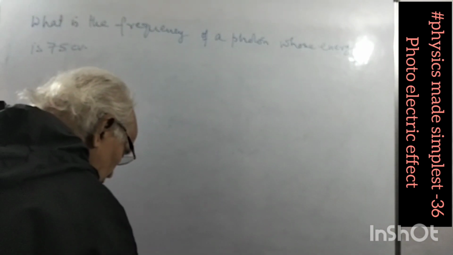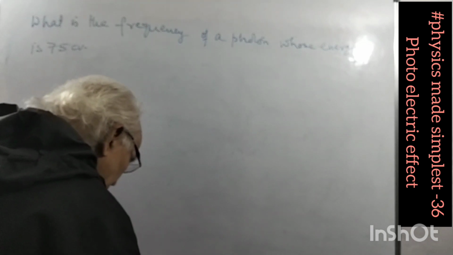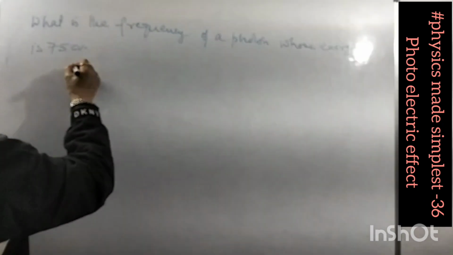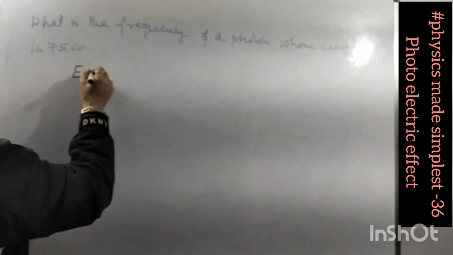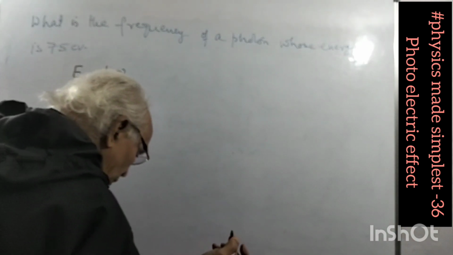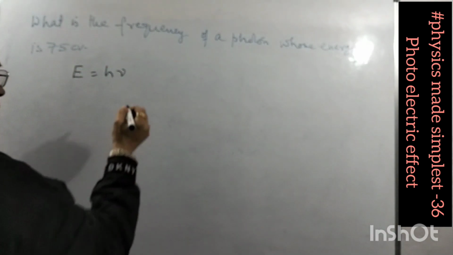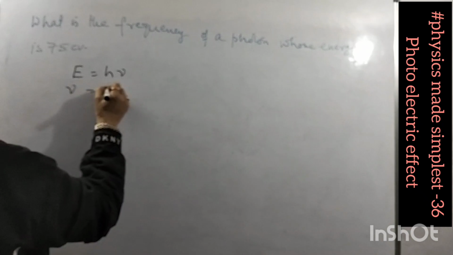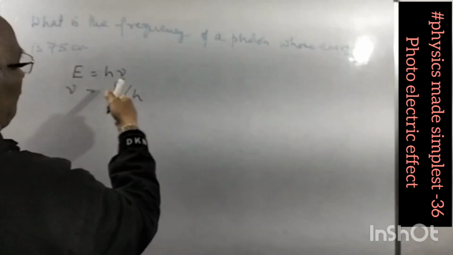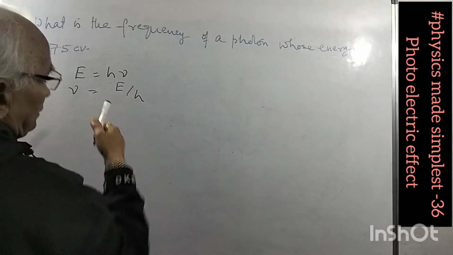So just using the same formula, you can write E is equal to h nu, or nu is equal to E upon h. Because they want frequency, but energy is given.